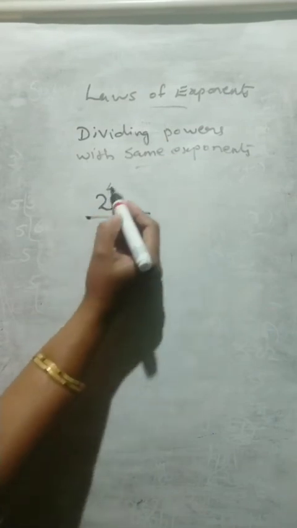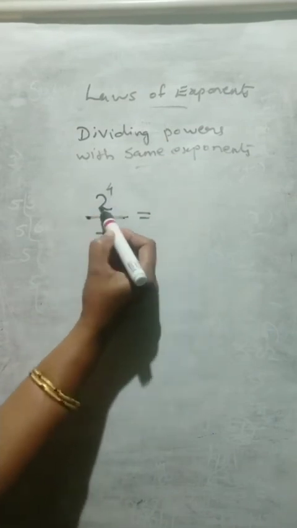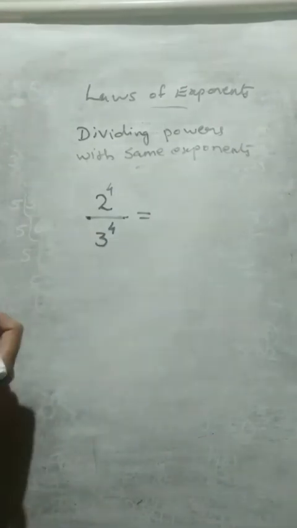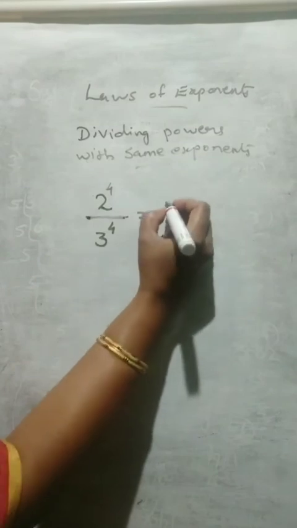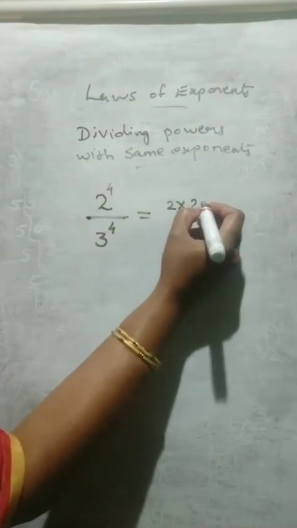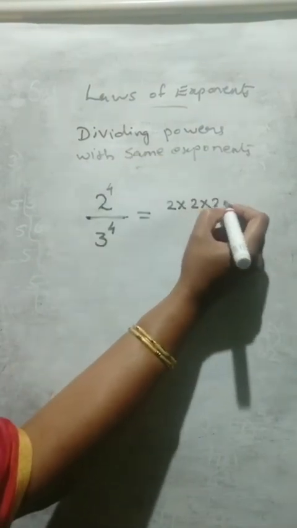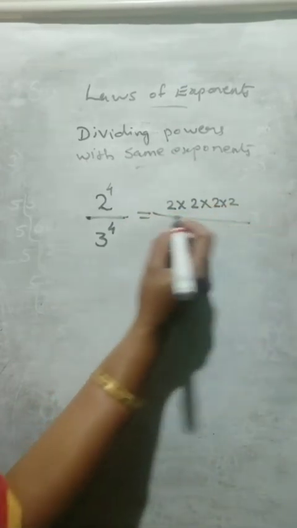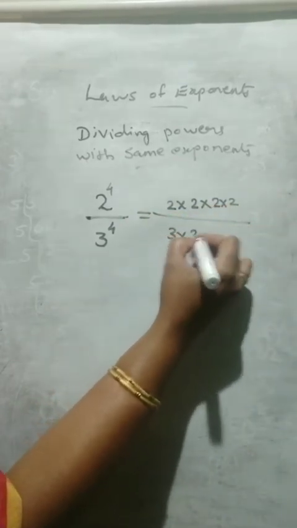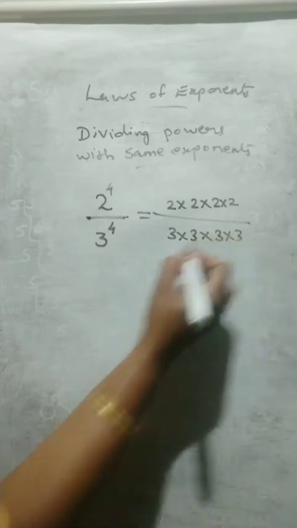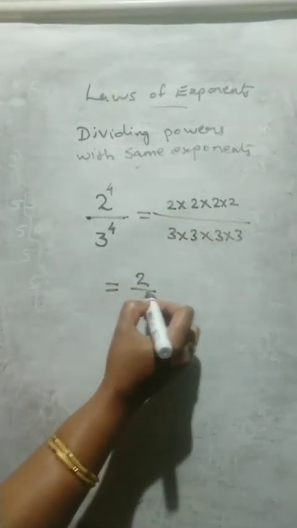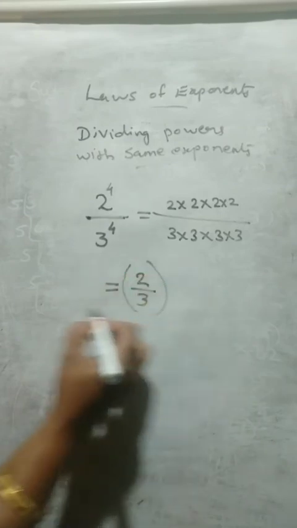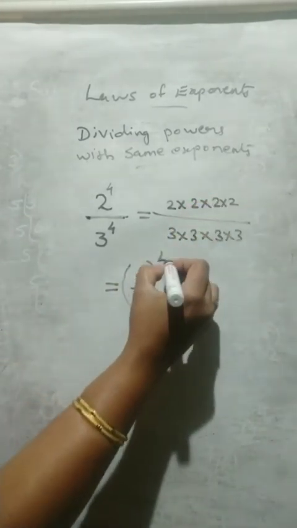Here 4 and 4, the powers are the same. 2 and 3, those are different bases. 2 raised to 4, that is 2 times 2, how many times? 4 times. Then here also 4 times: 3 times 3 times 3 times 3. That is here 2 on 3, total how many times? Here 4 times.